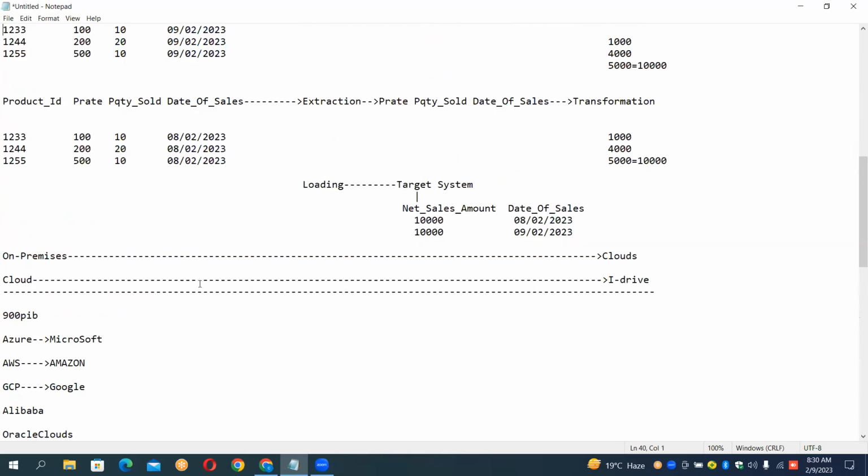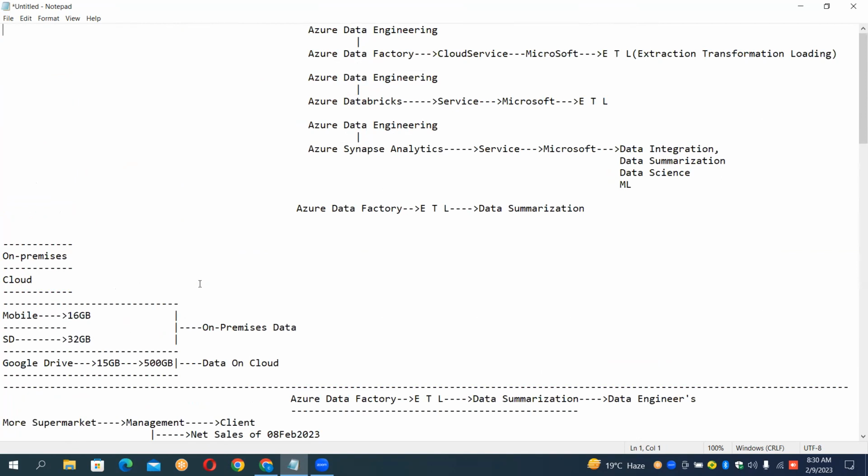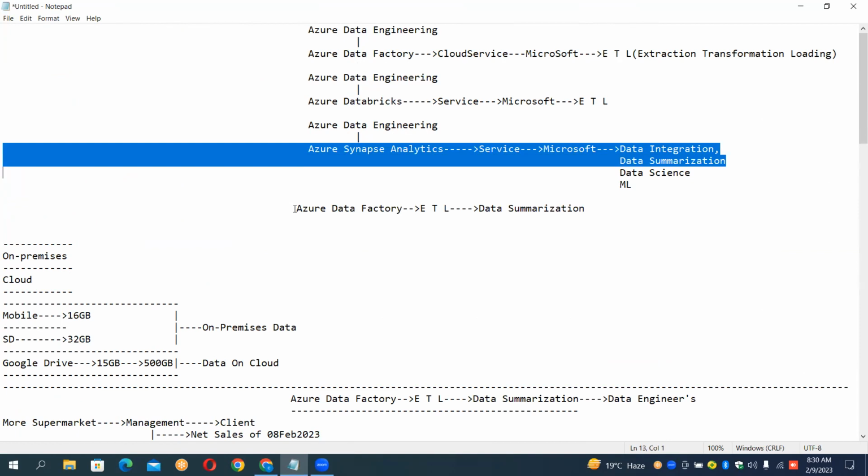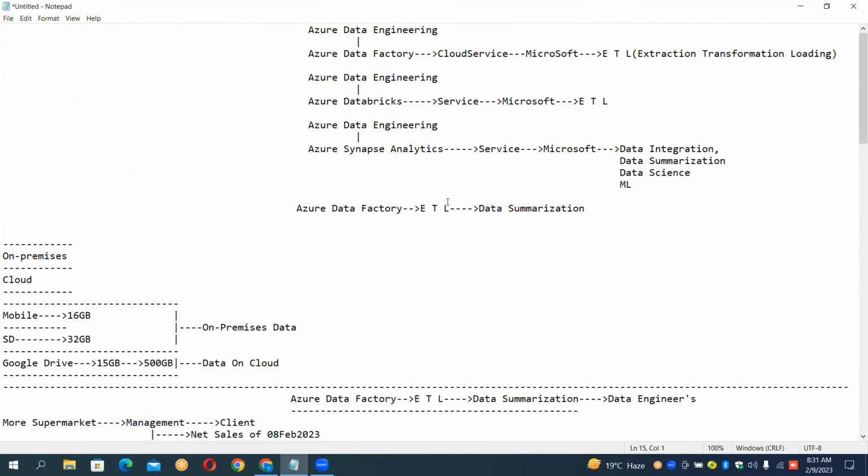As a part of this course, we are going to see Azure Data Engineering, Azure Data Factory. Apart from this, Synapse Analytics will also be included; some good amount of Synapse Analytics scenarios will be provided as a part of Azure Data Factory.